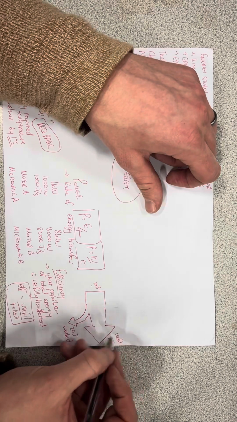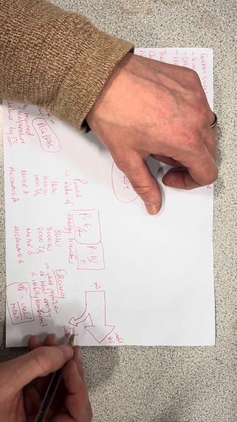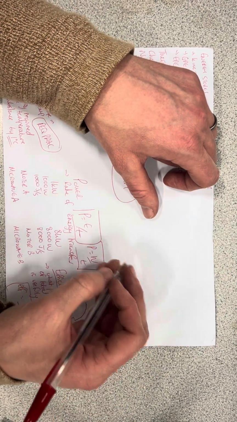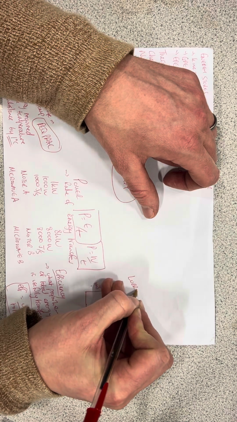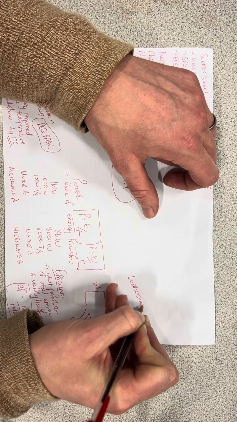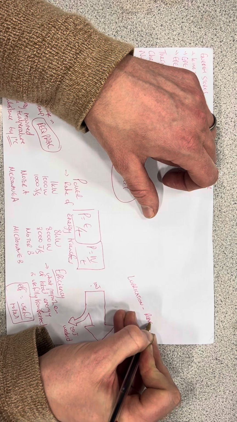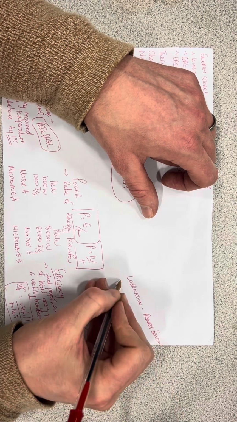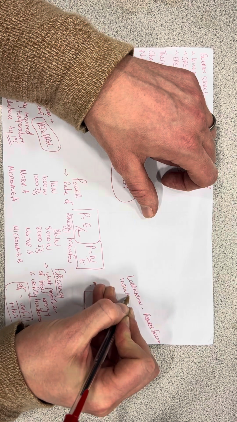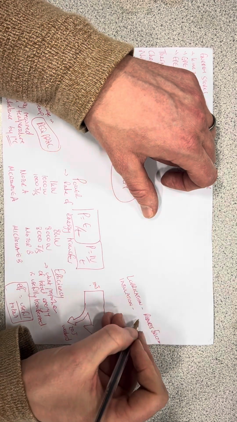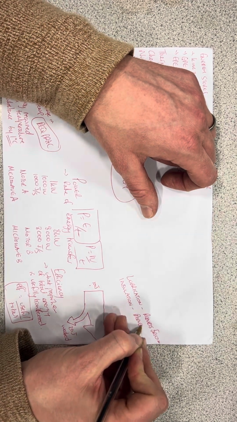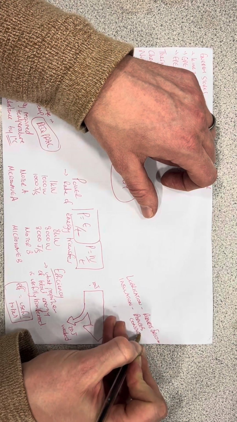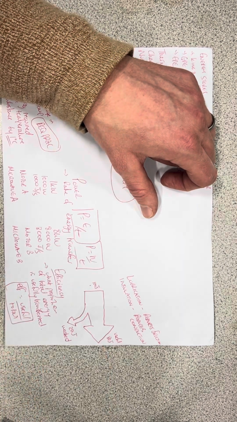Okay, now ways that we can improve useful and reduce wasted include lubrication. Now that reduces friction. We can use insulation. So that reduces conduction, which is often how energy is dissipated to the surroundings.